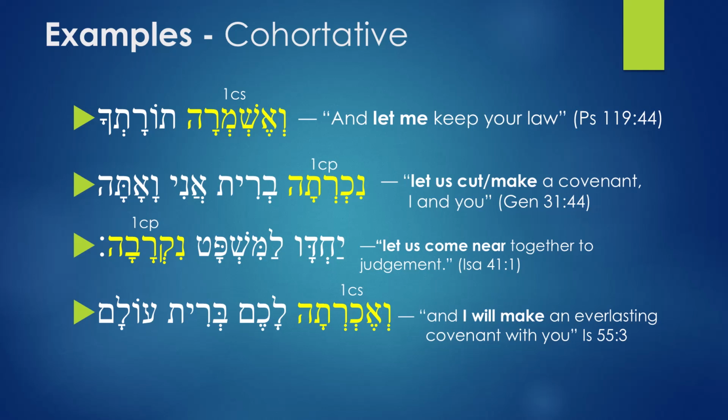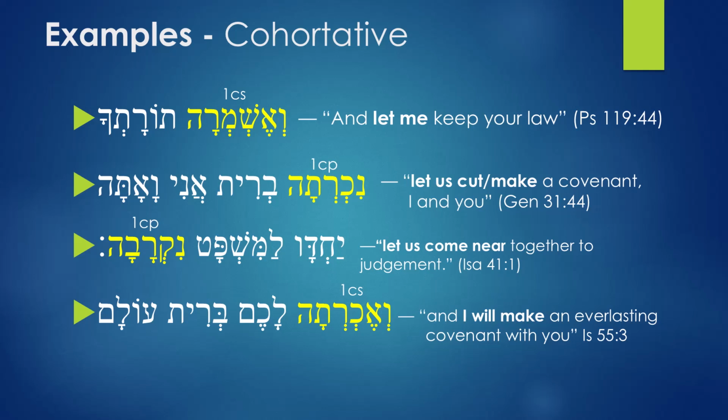So as a cohortative here, Ve'ekreta is going to be, and I will make. Then Lachem berit. In Lachem, you have the le preposition with a pronominal suffix. We've looked at this already. Lachem means with you.